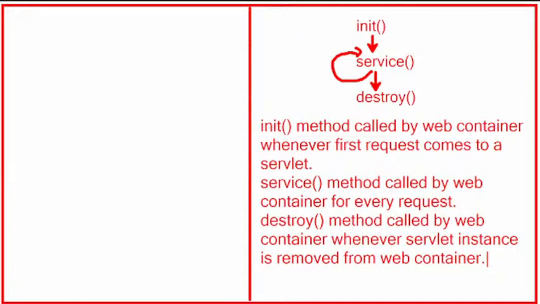Right, that is all. Init method called by web container whenever first request comes to a servlet. Service method called by web container for every request. Destroy method called by web container whenever servlet instance is removed from web container.